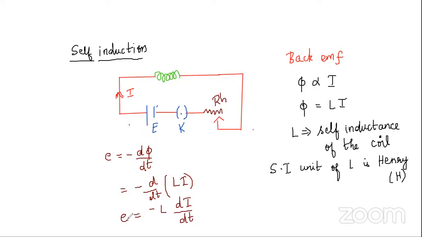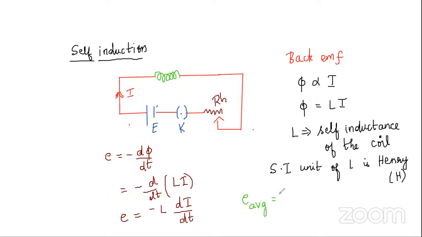And this di by dt can also be written like this. When the current is changing from I1 to I2 in time t, then your EMF can be represented as average EMF.